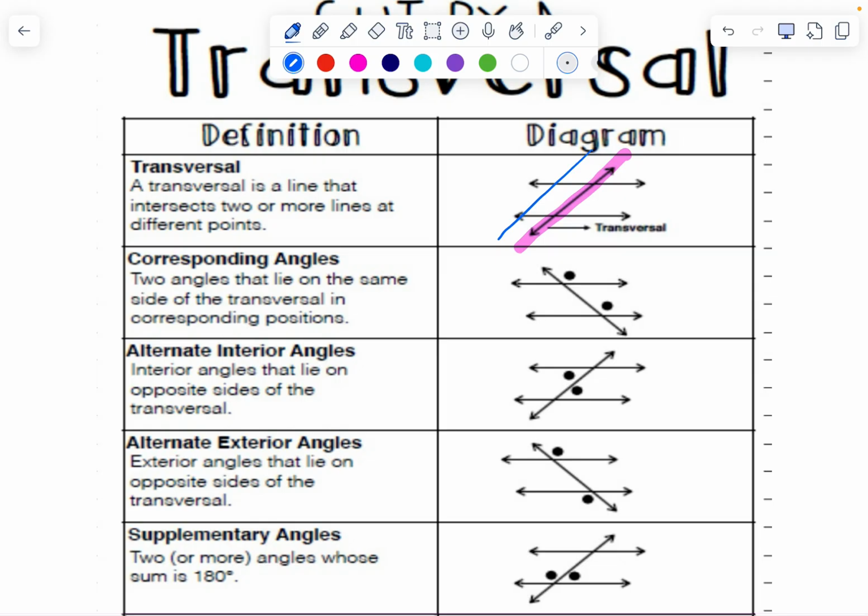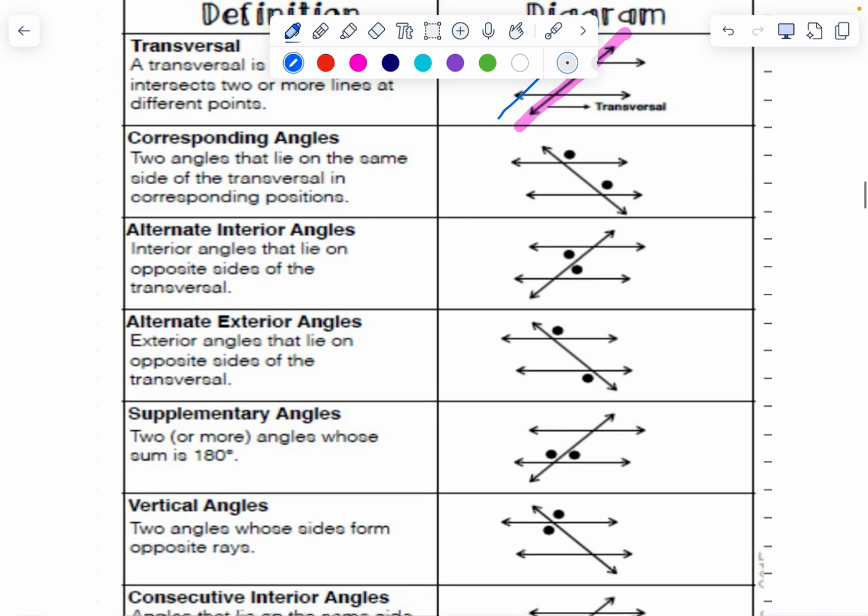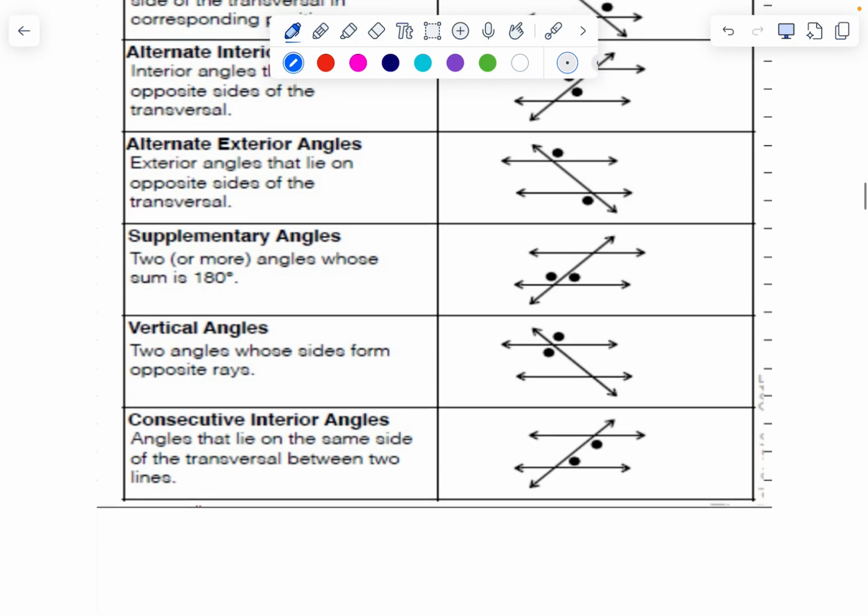Okay, so I'm going to show you these names and then we'll go to your paper. So we have corresponding angles. That's angles that take the same position on each set of lines. And then we have alternate interior, alternate exterior, and we'll have 2 pairs of these kinds, consecutive or same side interior.